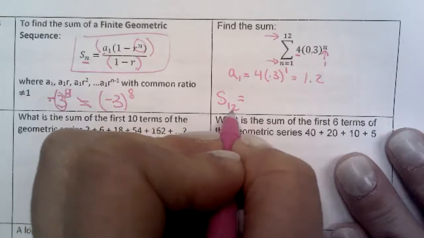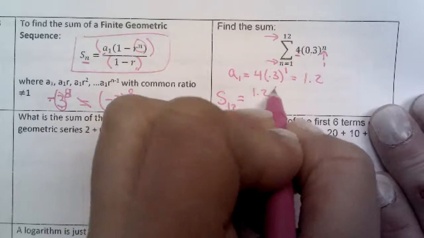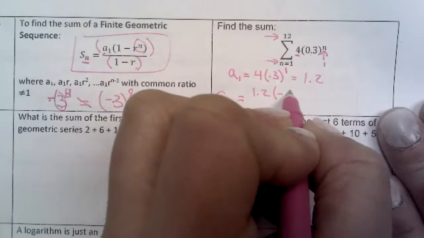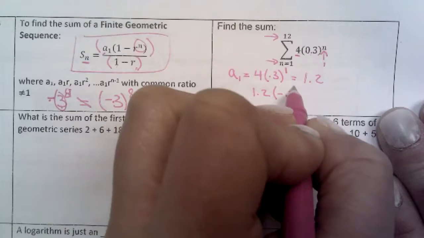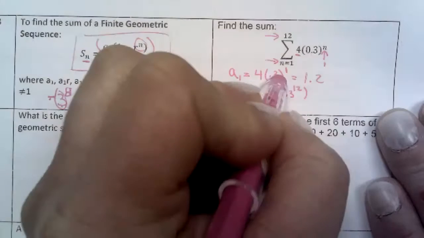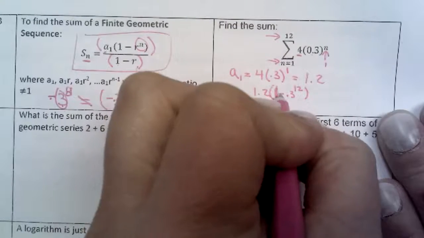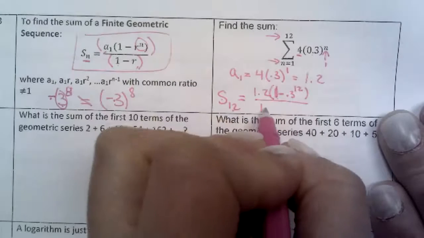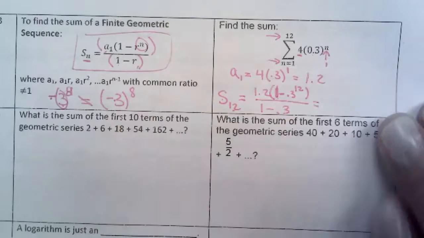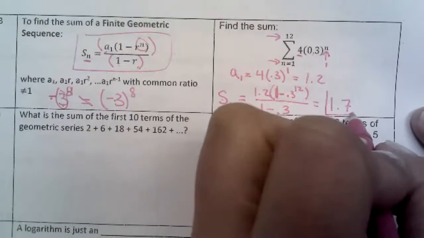So I'm going to put S sub 12 equals my A1, which is 1.2, times 1 minus 0.3, and it's that 0.3 that's raised to the 12th power, not the entire 1 minus 0.3. I forgot to put that 1 in there. All over 1 minus 0.3. And when you plug that into your calculator, you get 1.7.